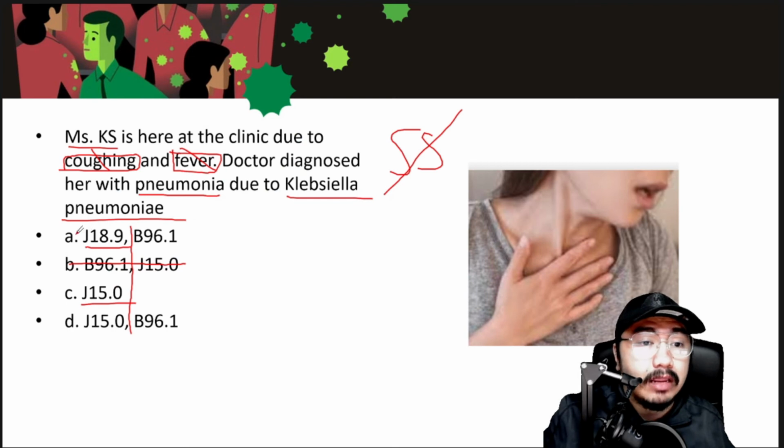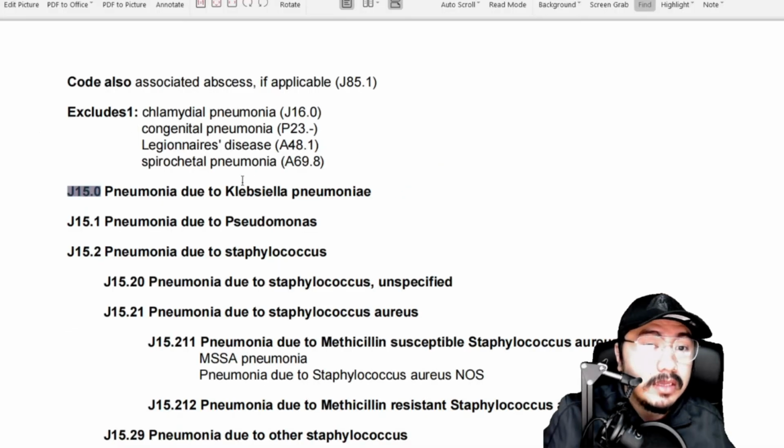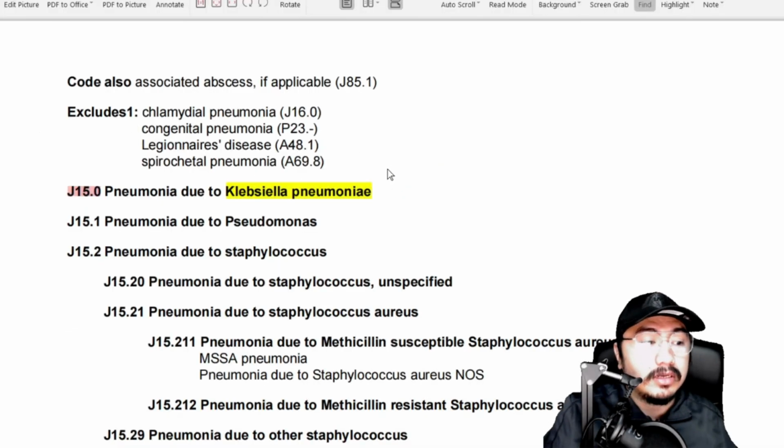As for letter A, this one is out because we already found J15.0, which is the answer for this scenario. Are you going to code B96.1 as stated on your letter D? No, because again, if it's already stated in the description of the code itself, J15.0, Klebsiella pneumoniae is already mentioned here. No need for you to code that etiologic agent.